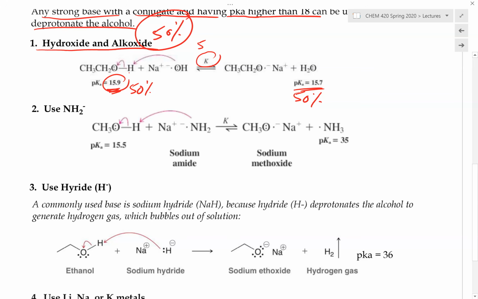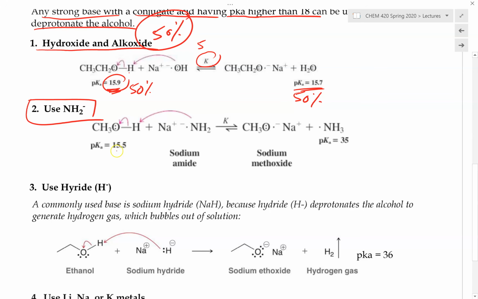The other reagent that will be very effective, and in fact will be able to deprotonate 100% of the alcohol, will then be the amide. NH2-, we can have sodium amide, but amides are very effective in doing that.